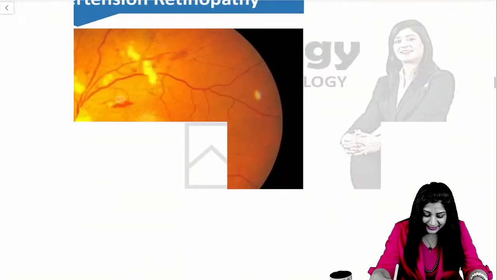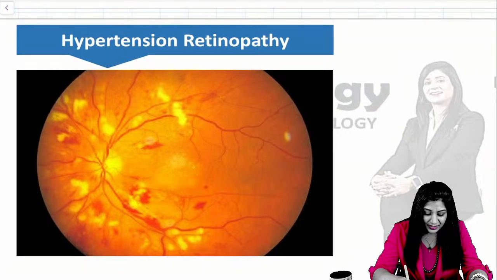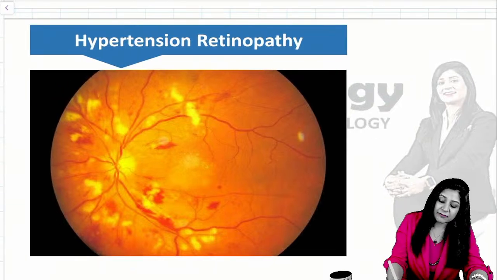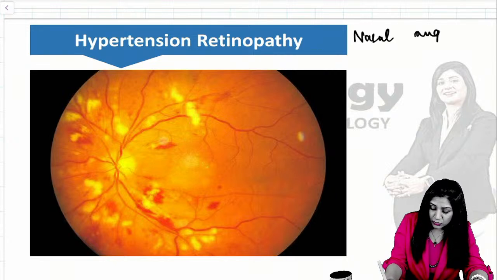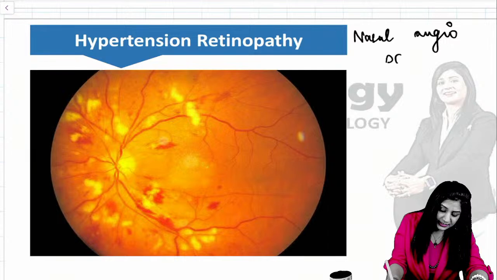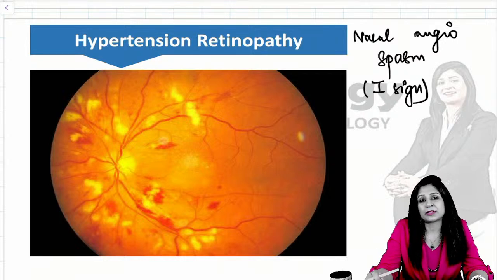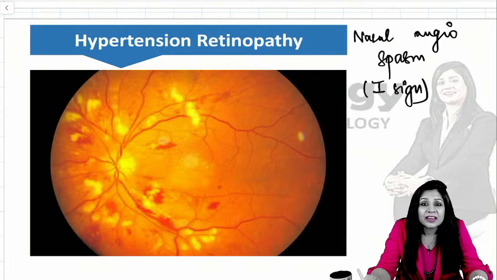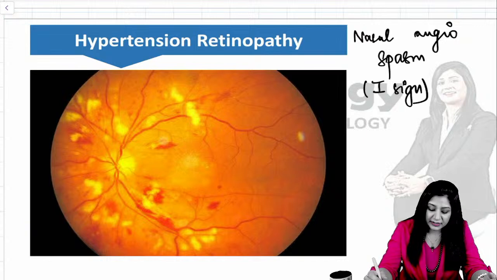Now see this beautiful hypertensive retinopathy. Hypertensive retinopathy will give you nasal angiospasm. Nasal angiospasm is actually the first sign that you get in cases of hypertensive retinopathy. We are getting arteriolar thinning, artery thinning. Recently there was a question in INI-SET: what is a normal AV ratio?